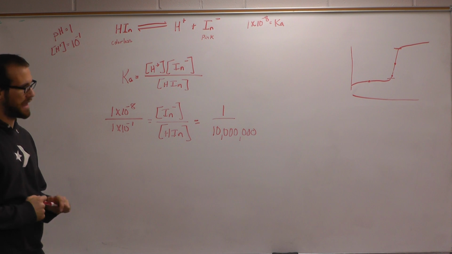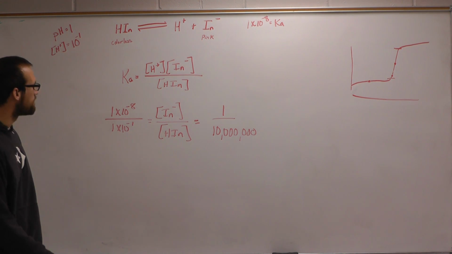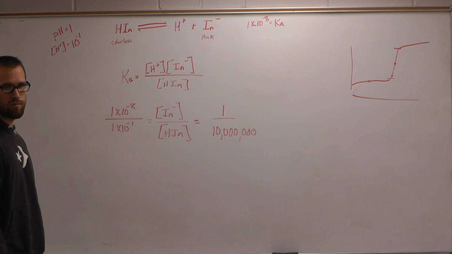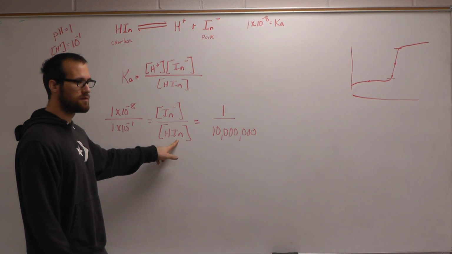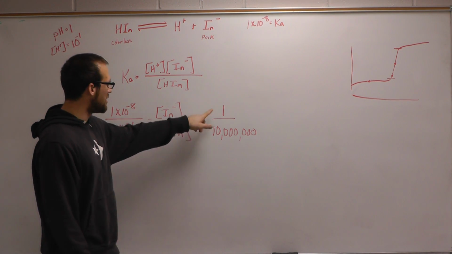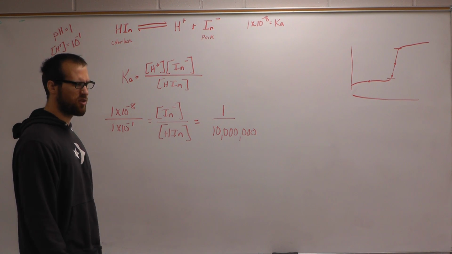What color do we have? We're colorless. I have 10 million of my acid form and only 1 part of my basic form.